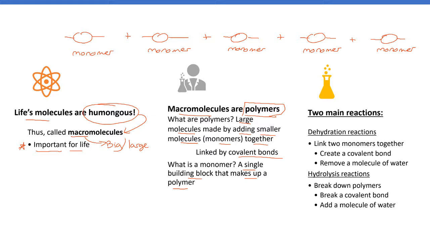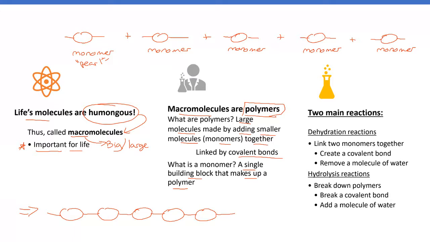We put them together, we make a polymer. So if this is a monomer, it's going to be a pearl. Okay, a pearl. Let's do this. We put them all together. What do we make? We make a beautiful 5 pearl necklace. Okay.